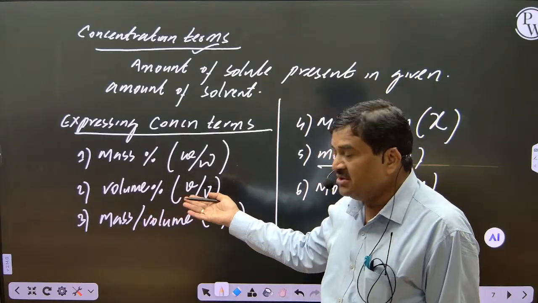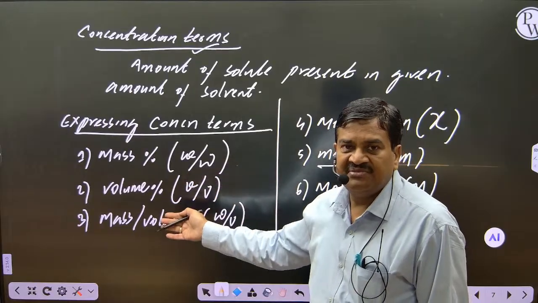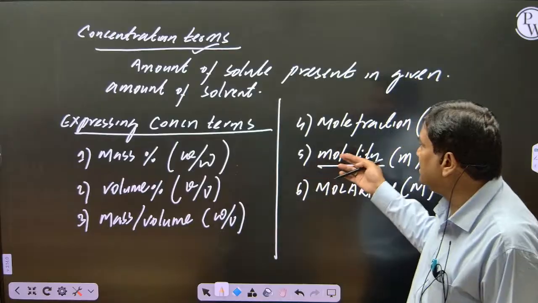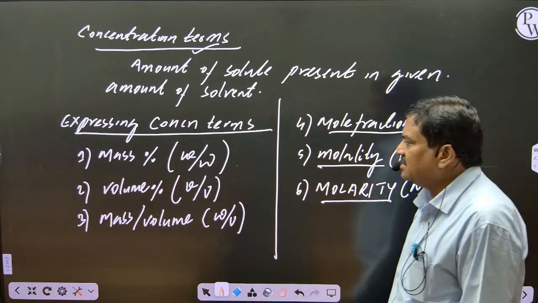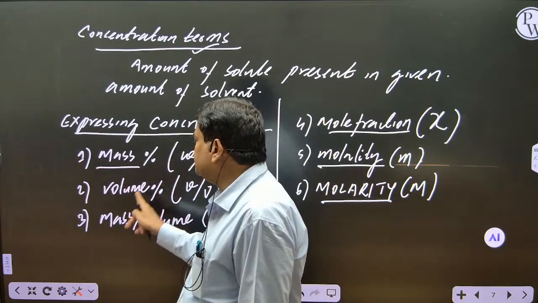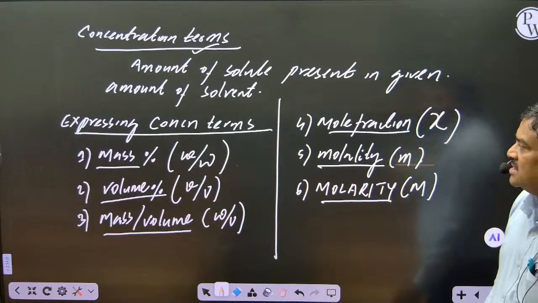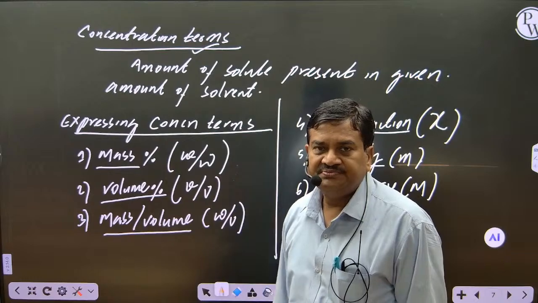Later, in the topic some basic concepts of chemistry, we revise the same thing. Copy all these terms and now we discuss one by one. Are you following, students? These are the various concentration terms important in the exam. They give numericals on this.